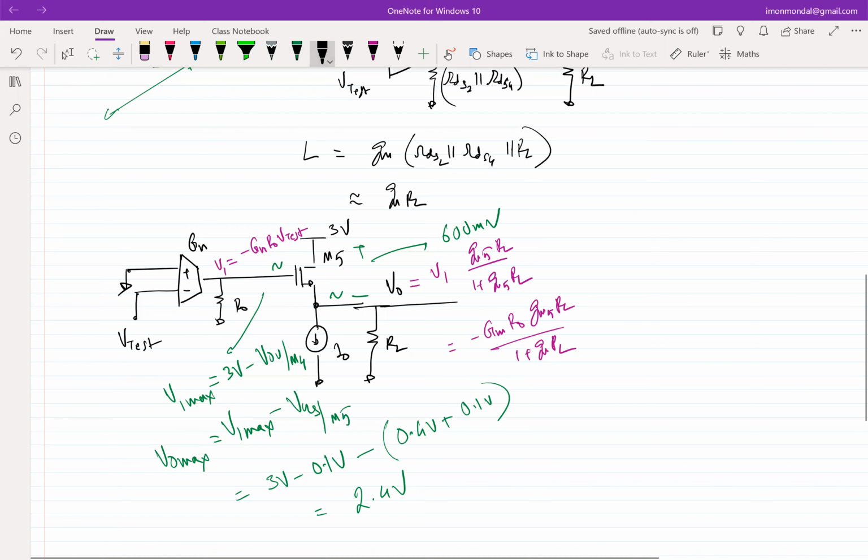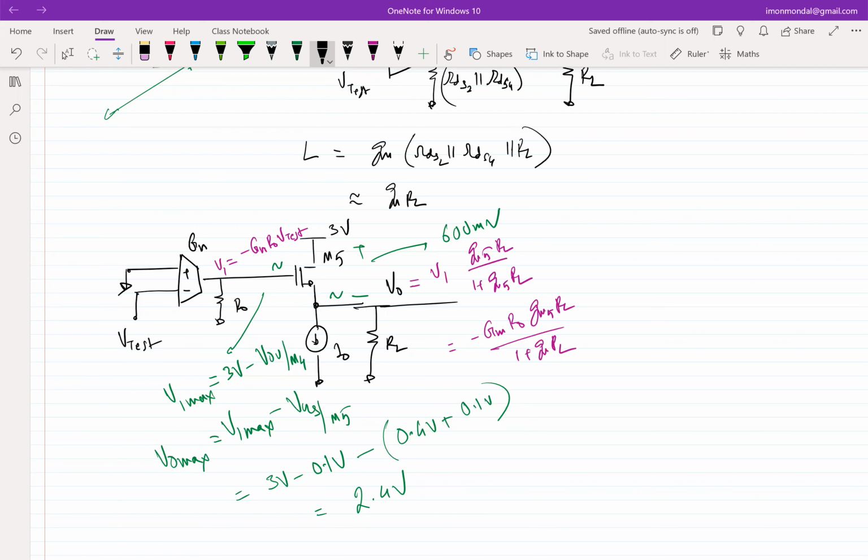So the obvious solution is we have to select an output stage where I don't lose so much headroom just because I have to bias it. Correct? And why am I losing so much headroom? Because I have to keep this VGS. So the question is, is it possible to select an output stage where I don't have to keep this VGS drop between the first stage and the second stage?